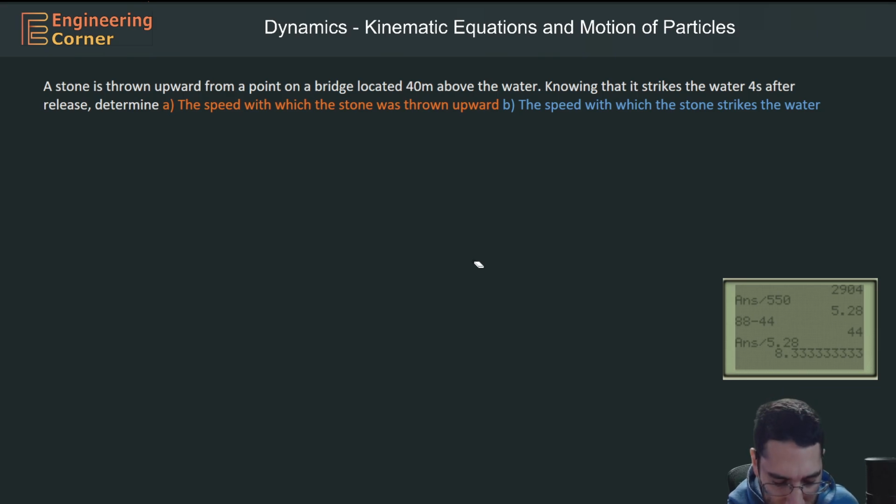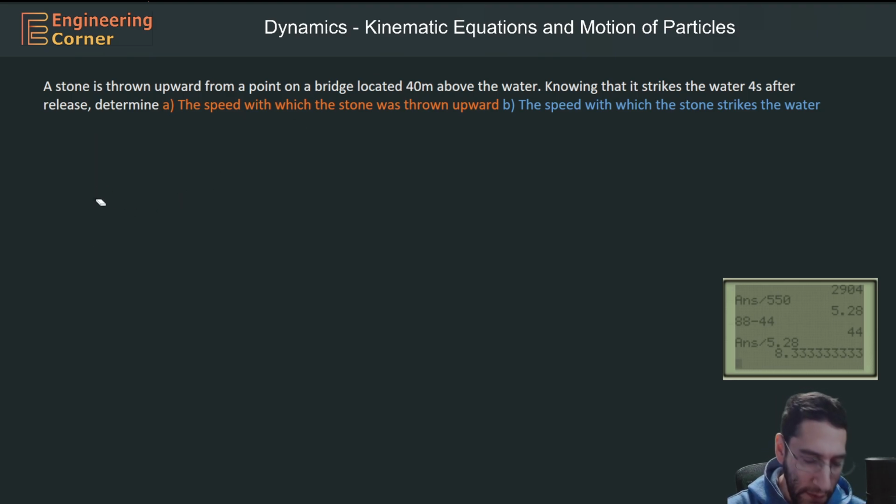So on problems like this, there's a few things. Is the acceleration constant? Yes, the acceleration is constant because when we throw the stone up into the air and it falls back down, the only force that acts on the stone is gravity, and gravity is constant.